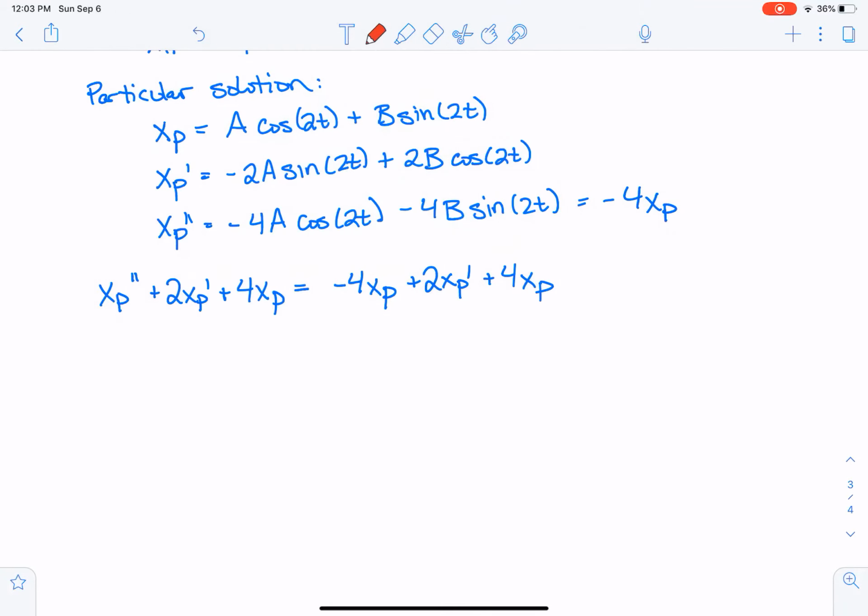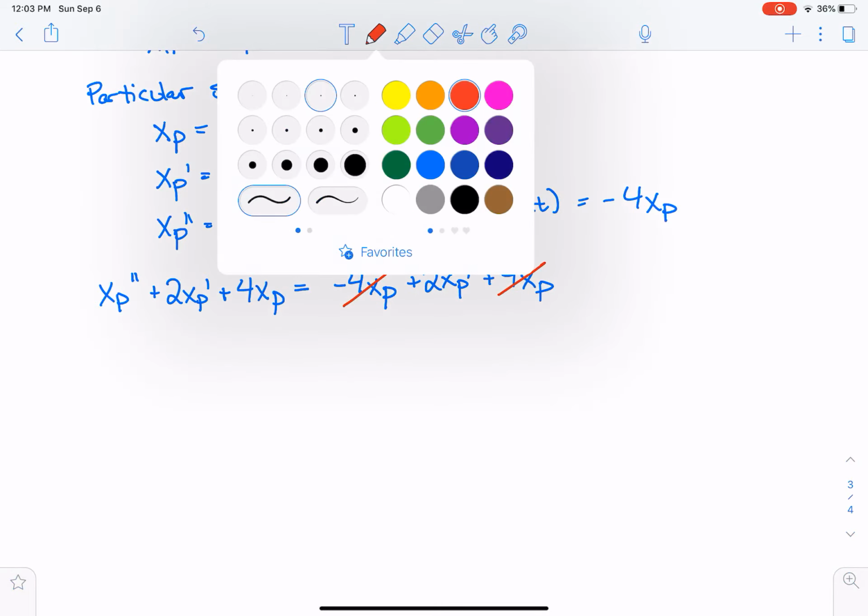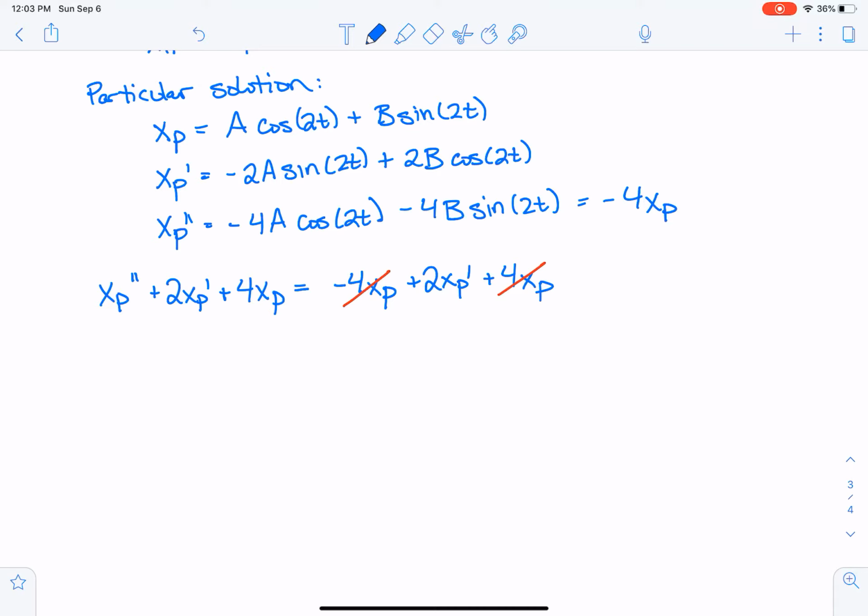So those xp's are going to cancel, and that's just going to leave me with 2xp prime. So that tells me that 4 times cosine of 2t, that's the right-hand side, is going to equal 2 times xp prime. So that's going to be minus 4A sine of 2t plus 4B cosine of 2t.